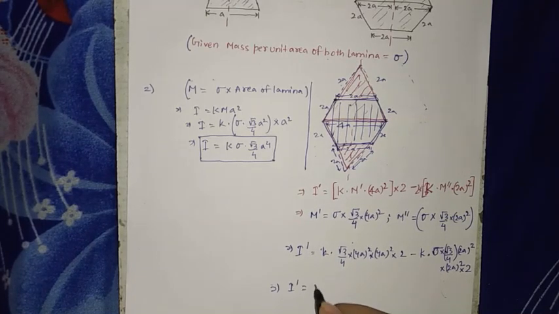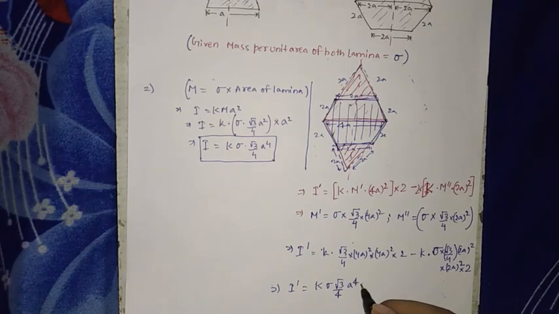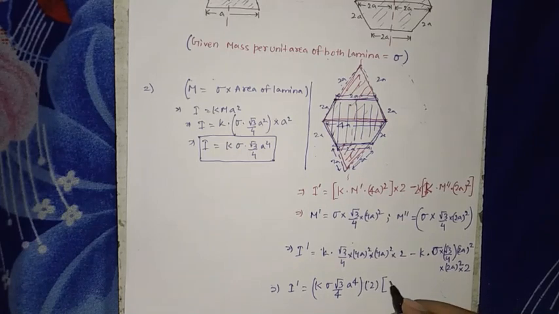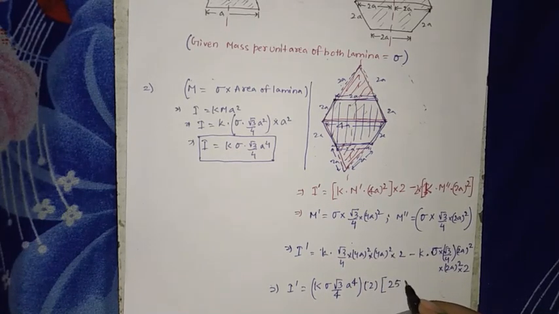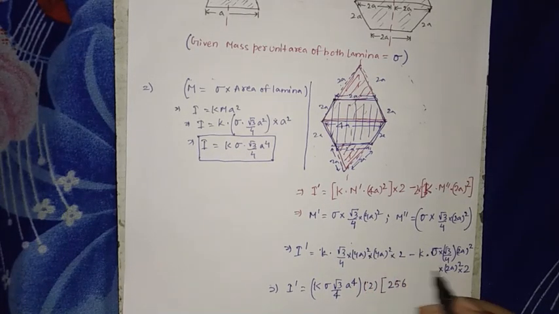So I prime is equal to k sigma root 3 by 4 a to the power 4. I am taking this common, and 2 also will be common. So here we will get 4 square into 4 square, which is 16 into 16, 256, minus 2 square into 2 square, 4 into 4, 16.